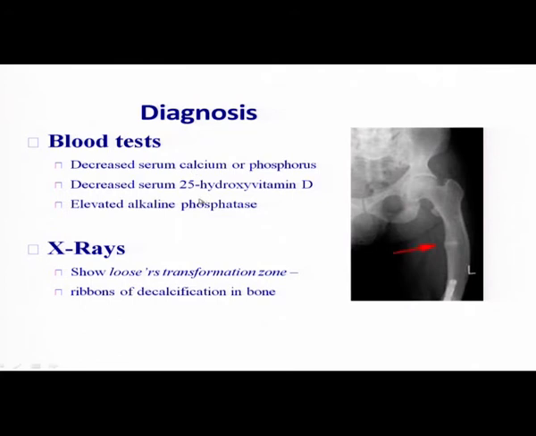Biochemically, when you see an elevation in alkaline phosphatase accompanied by a reduction in calcium and a reduction in serum dihydroxy vitamin D derivative, the active form, then you can be sure that this amounts to something to do with vitamin D deficiency. This is a very interesting observation.